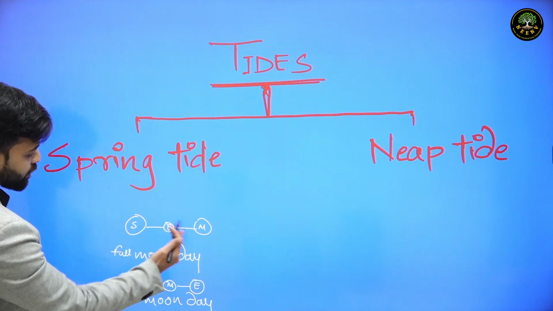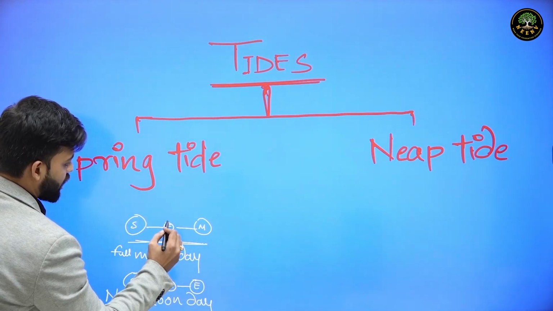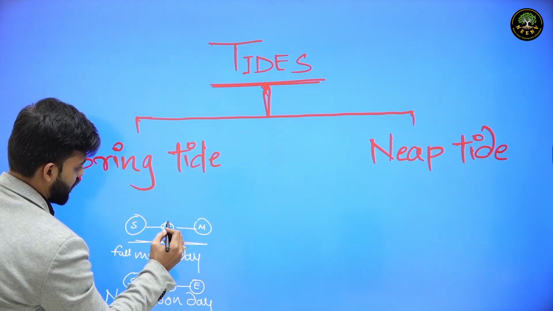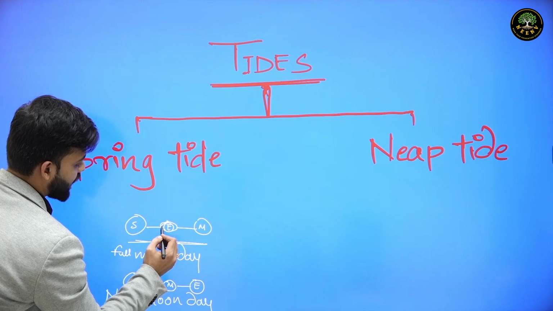So during this position, when they are in straight line, the water in the earth give rise to high tide in this position.